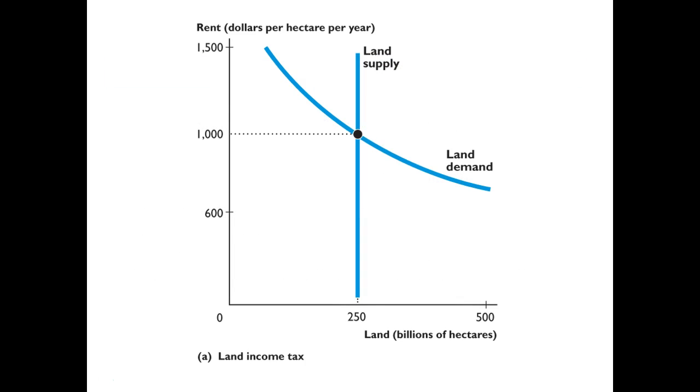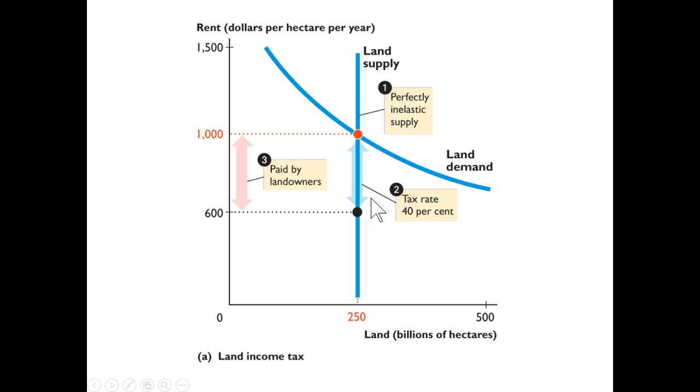So here's our downward sloping demand curve for land, and let's say we've got a fixed supply of land. There's our equilibrium. And let's say we impose a tax on the owners of the land, the suppliers of the land. Well, that tax doesn't shift the demand curve in any way because it's imposed on the suppliers. Now, if we impose that tax, does it shift the supply curve upwards?